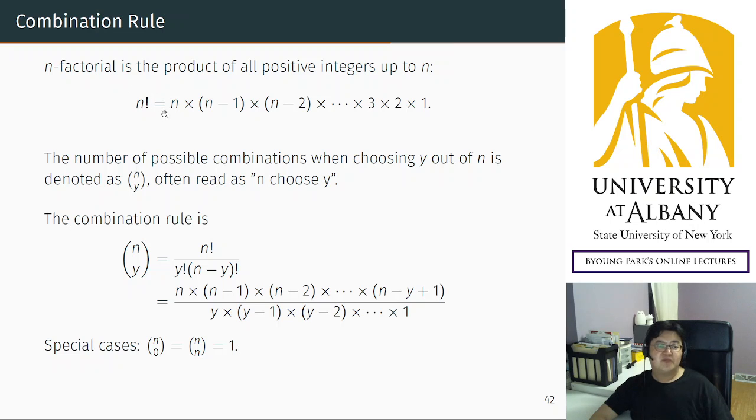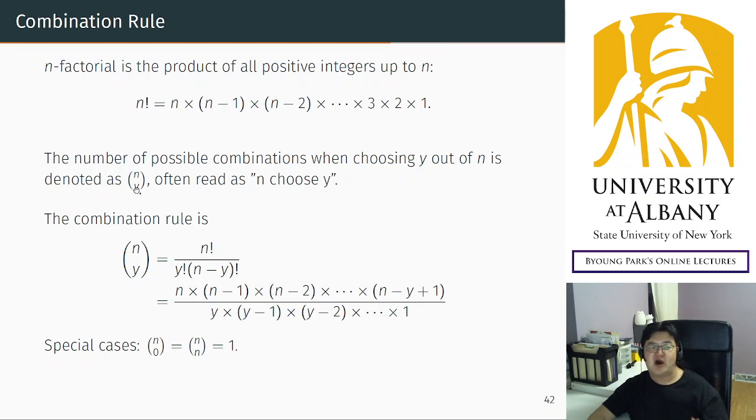It stands for the multiplication of consecutive numbers from n down to 1. So n factorial is the multiplication from n down to 1, multiplying all the natural numbers. So it's called n factorial. And the number of possible combinations when you choose y out of n will be denoted in this way, which we read as n choose y.